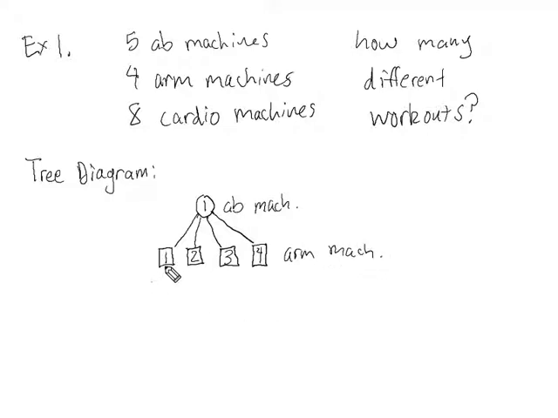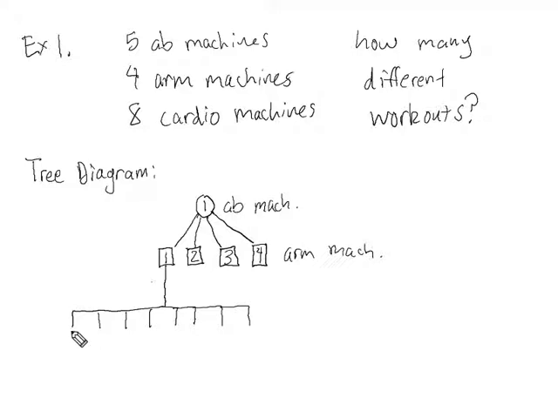Okay. Now, from each of these arm machines, we would have 8 cardio machines. So I'm not going to draw all these, but I'm going to draw one branch to represent the 8 different cardio machines we can pick.